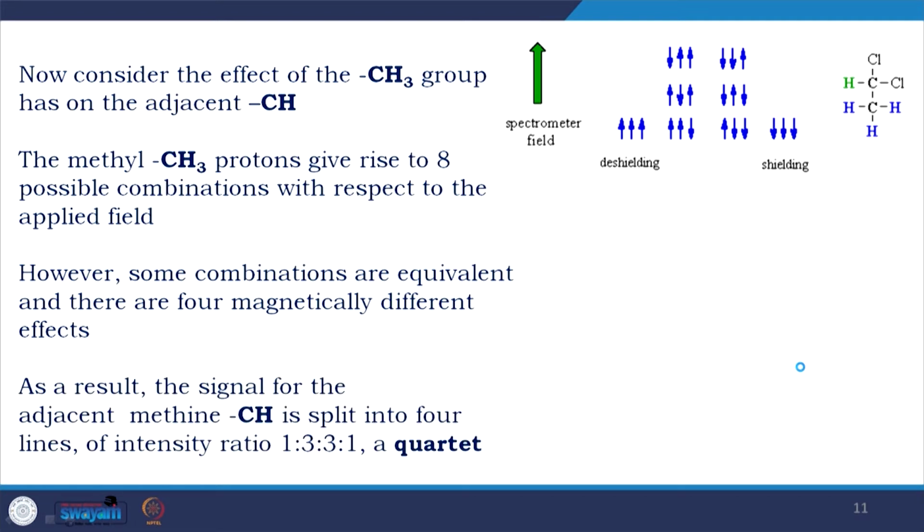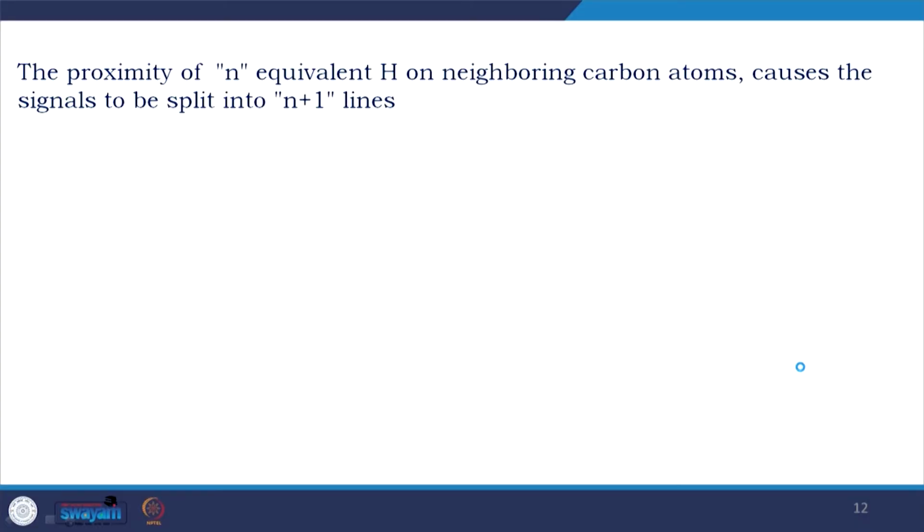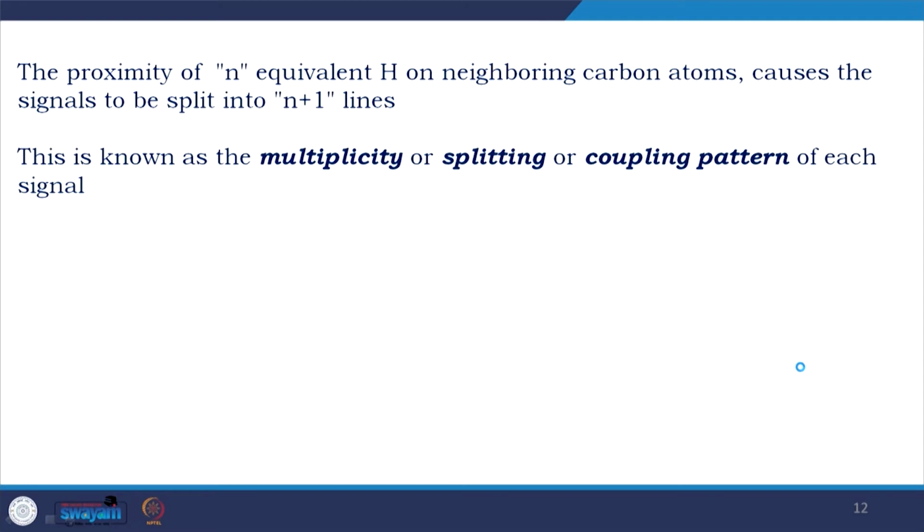So, you split them into 4 lines with 1:3:3:1. The proximity of n equivalent hydrogens on a neighboring carbon atom causes signals to be split into n plus 1 lines. This is known as multiplicity or splitting or coupling pattern of each signal.